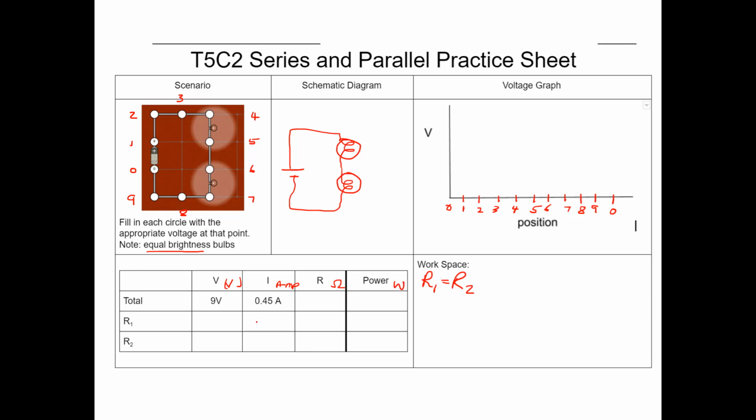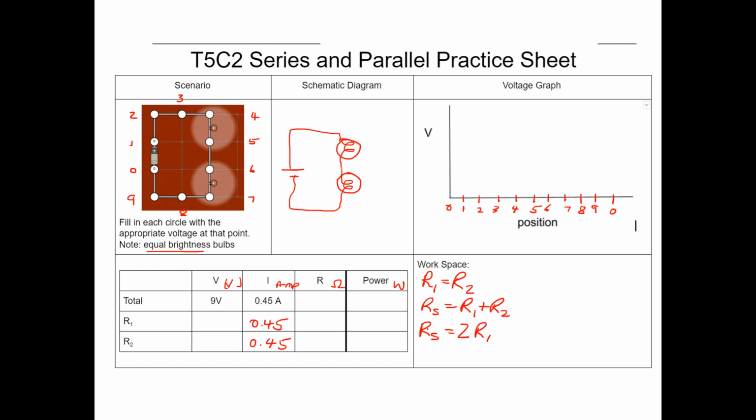So let's fill in things that we know. Our current is going to be the same throughout, so 0.45 and 0.45. In a circuit, we know that the resistance of the circuit is going to be equal to, in this case, R1 plus R2. And we know that R1 and R2 are equal to each other, so the resistance of the circuit is going to be 2 times R1.